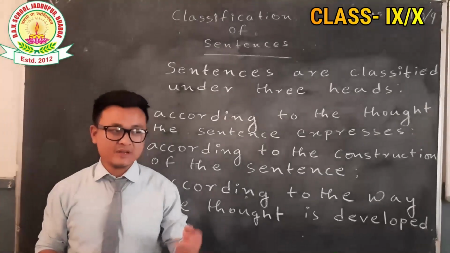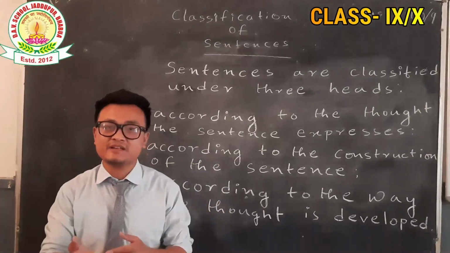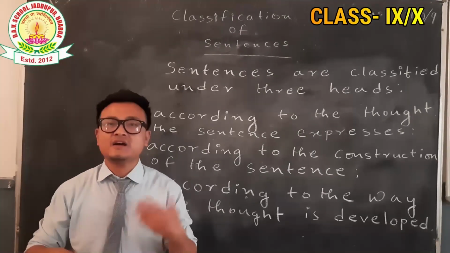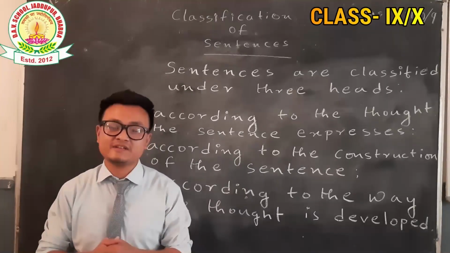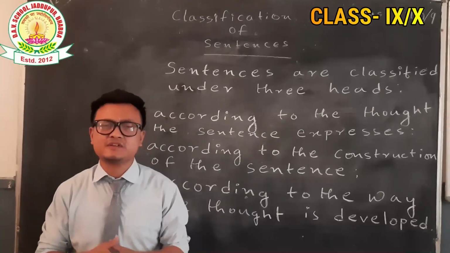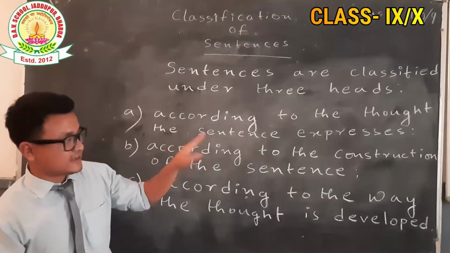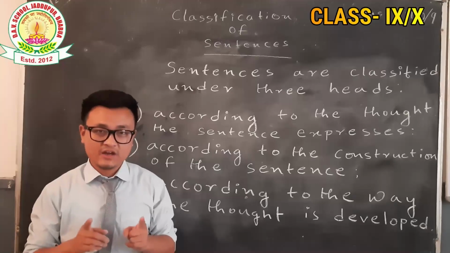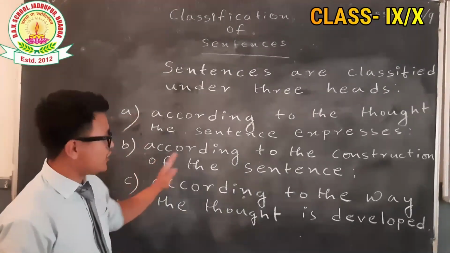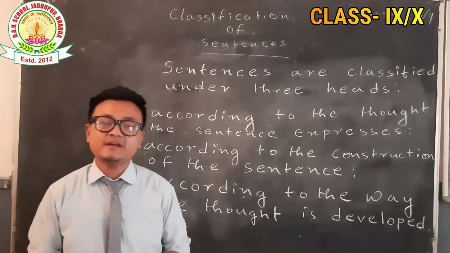For example, interrogative sentences, imperative sentences, optative sentences, exclamatory sentences, and assertive declarative sentences. This all falls under the category of number A, according to the thought the sentence expresses. Okay, is that clear?